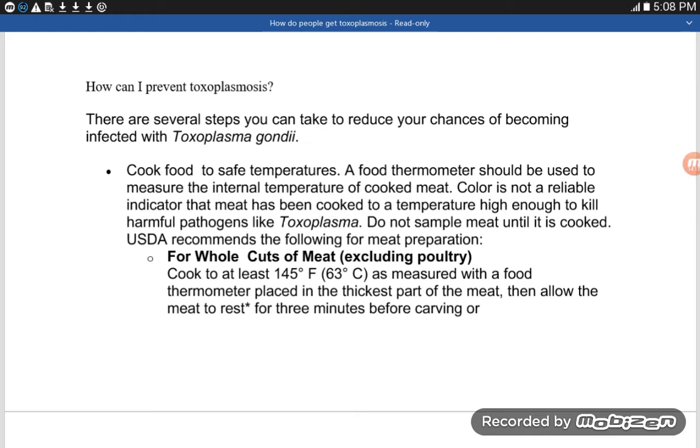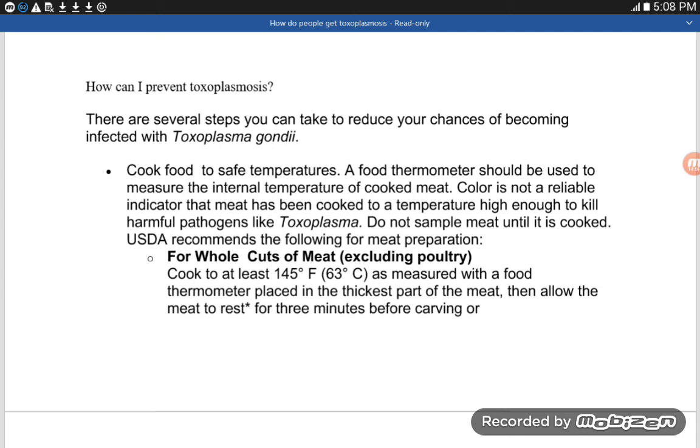So the best thing, young generation, is to avoid BBQ, or otherwise prepare it at home at a well-cooked, high temperature. Do not sample meat until it is cooked. Don't taste these foods or meats until they are well cooked.